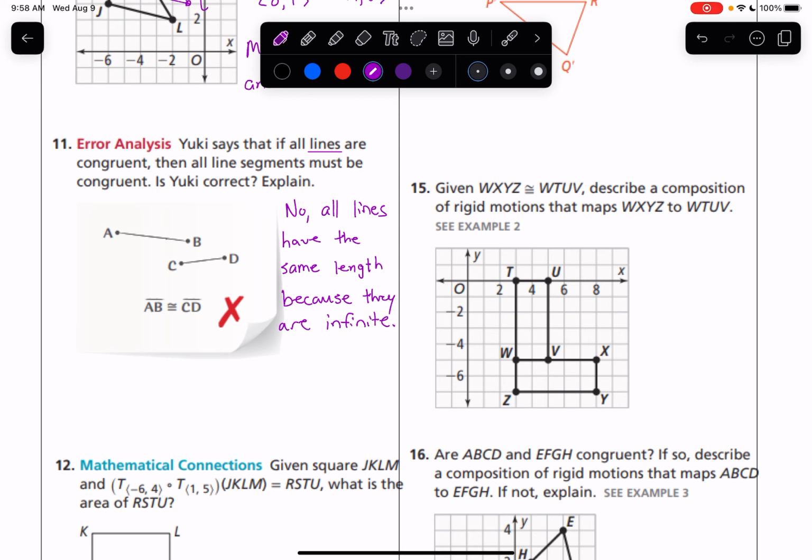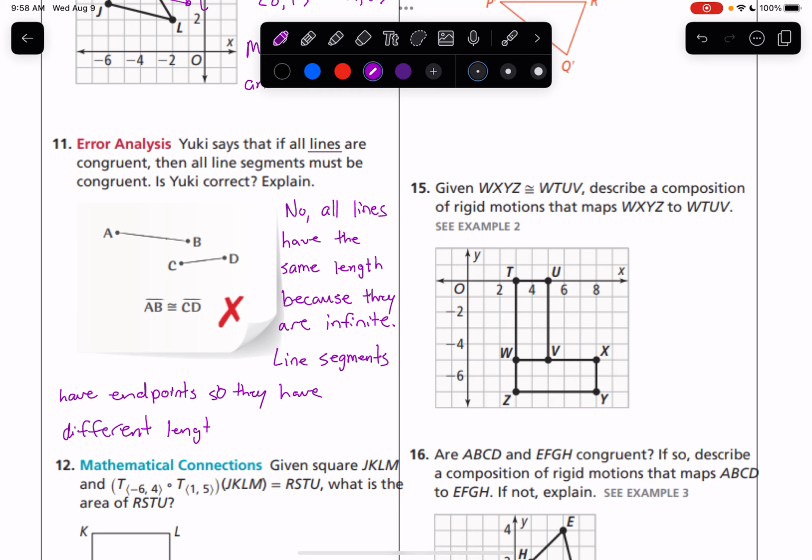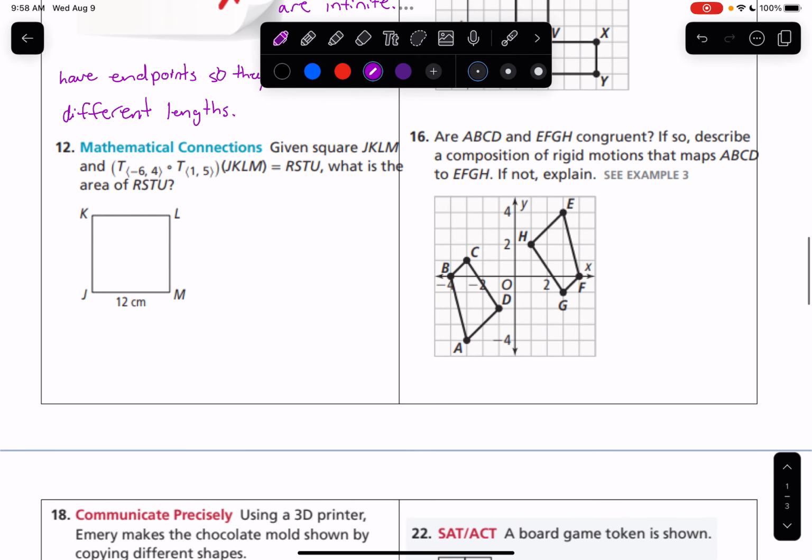Line segments have endpoints, so they have different lengths. And there we go.